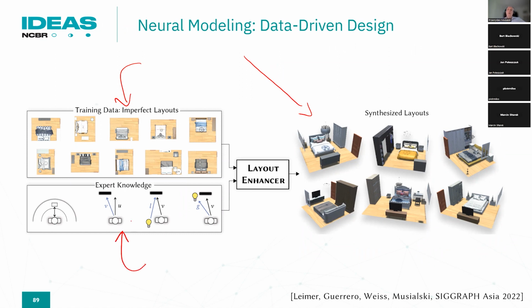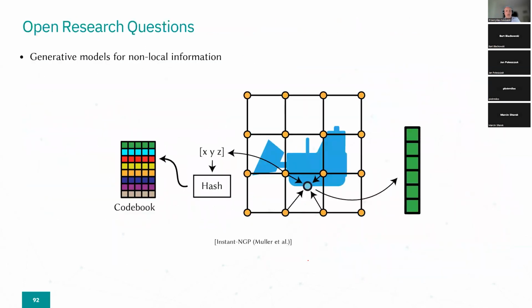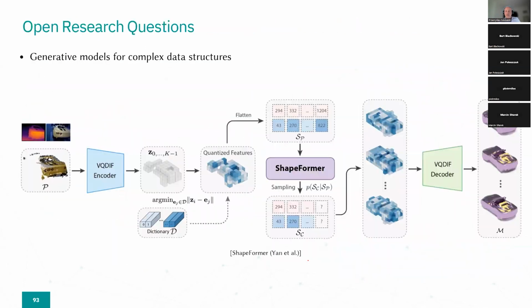Here we combine data-driven learning with input from the user to synthesize new outputs, new apartment layouts, which are in many terms better than just data-generated layouts. All right, let me skip a couple of slides here.